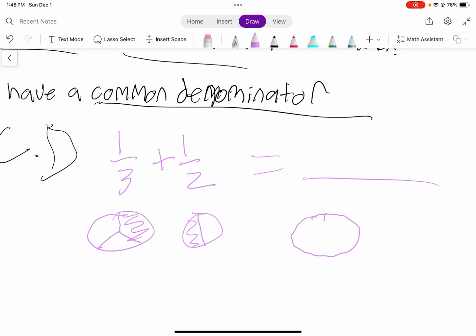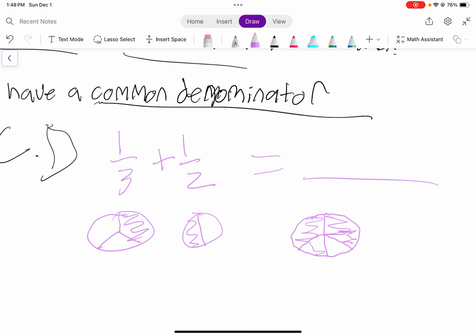Now, if we were to do it this way, so we would get the 1/2, we would get the 1/3.